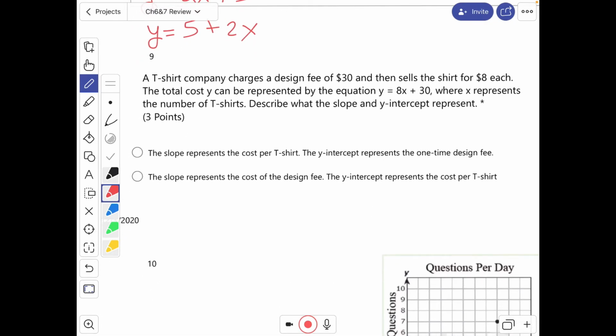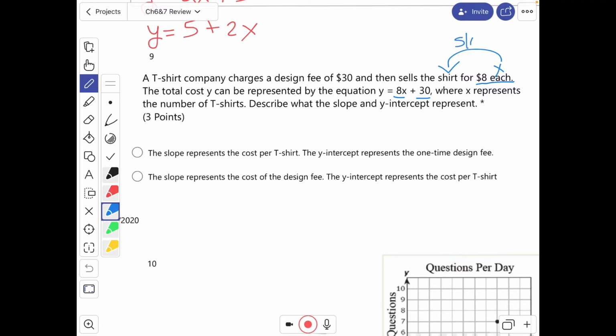Number 9. A t-shirt company charges a design fee of $30 and then sells the shirt for $8 each. The total cost y can be represented by the equation 8x plus 30, where x represents the number of t-shirts. Describe what the slope and y-intercept represent. Well, the slope is the 8, and 8 each. That means 8 times what? Times the shirts.